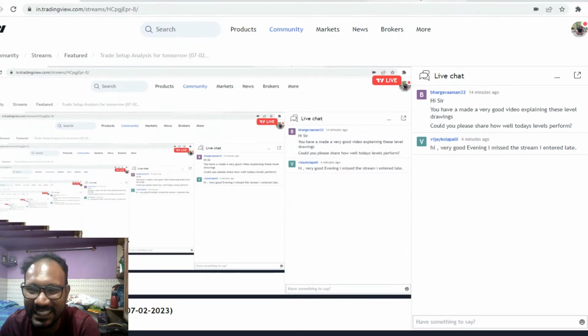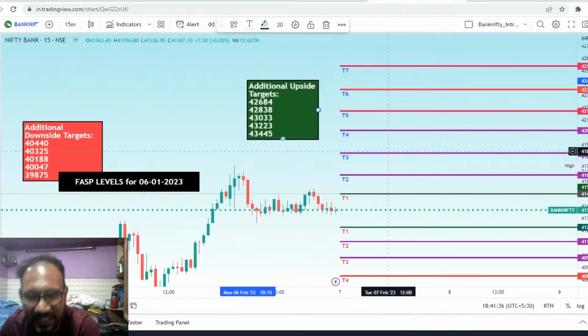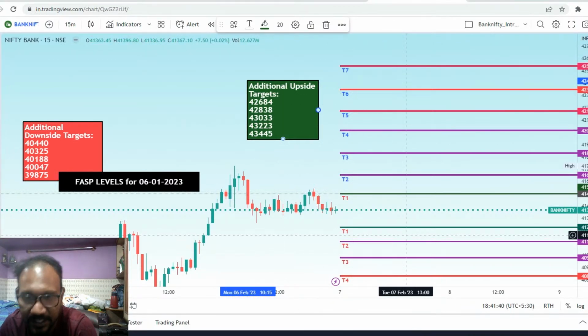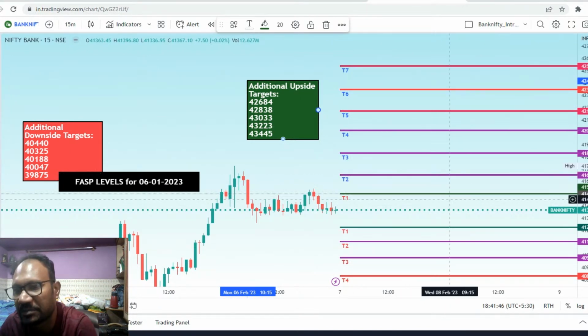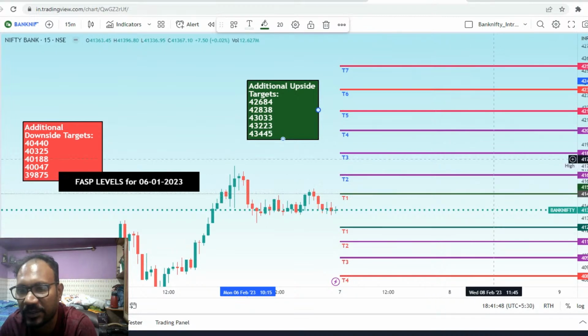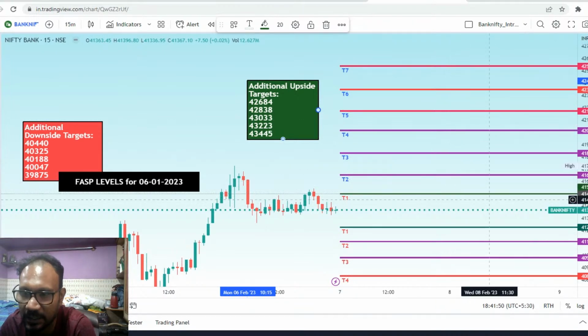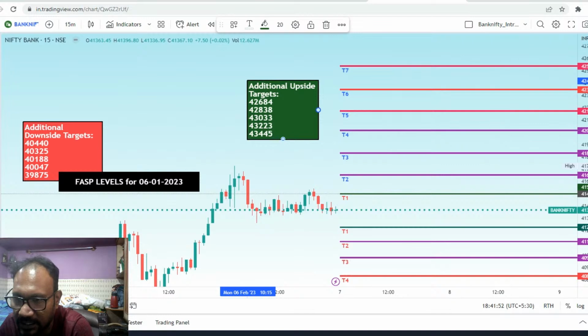So welcome. I'm doing a live demonstration of how I am creating these levels and why I am giving more gap or less gap on a particular day. Today, for the very first time, I'm giving a 150 points gap between the levels. Like T1 at the market close at 367. Next target is at 500, so almost 133 points.